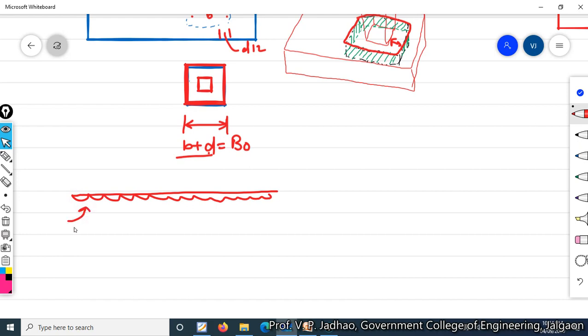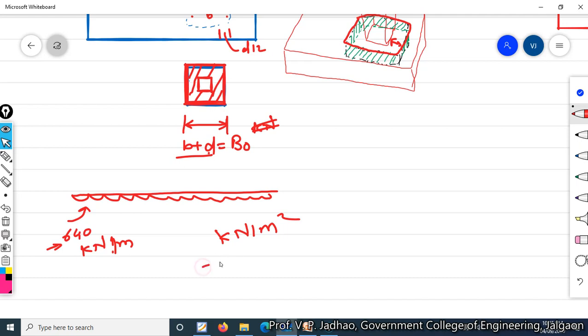This is 640 kilonewton per meter, but this punching shear will be acting on this particular area, therefore we need this uniform pressure in kilonewton per meter square, which is already calculated.